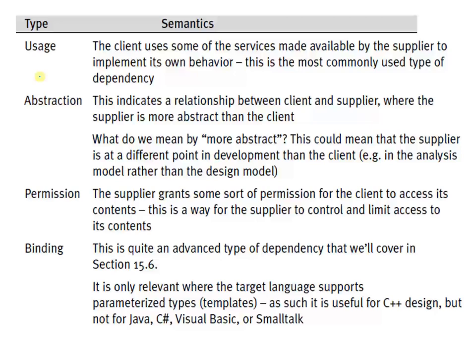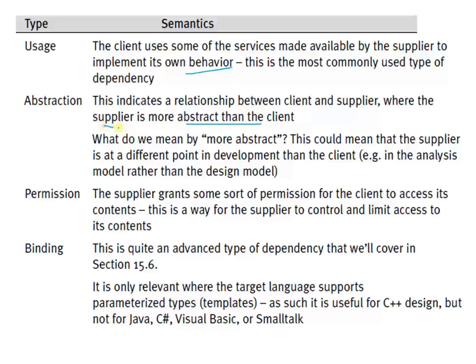This slide focuses on the details of each type of dependency. Usage means the client uses some of the services made available by the supplier to implement its own behavior. Abstraction is a type of dependency where we have a more abstract client when compared to the supplier.